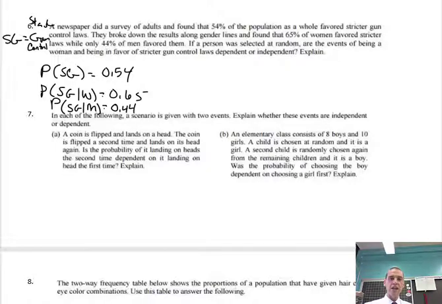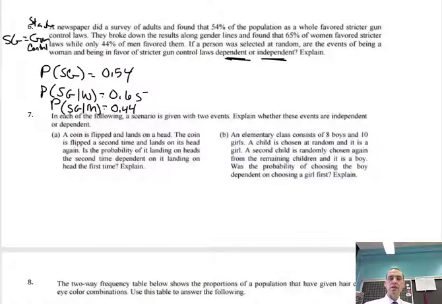Now it says, are they dependent or independent, and then explain. Again, if the probability changes due to something, then it's dependent. So we're looking at dependent here. If we see the probability of stricter gun control, does that equal the probability of stricter gun control given that you're a male?